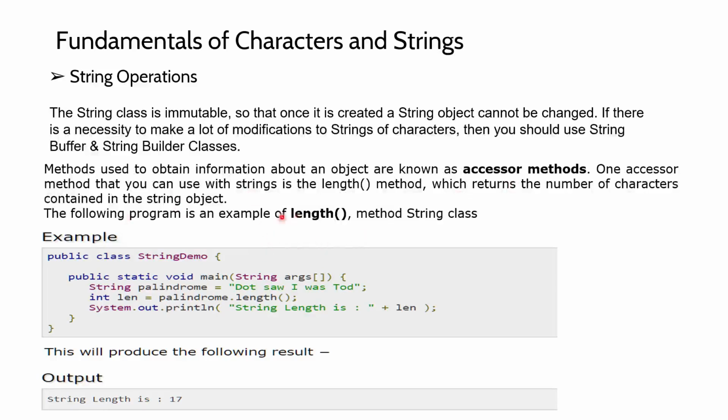One accessor method you can use with strings is called the length method, which returns the number of characters in the string. So we can take a look at an example down here. Again, we have our public class and our main method. We declare our string here, and then we are calling on this string, which is palindrome, we're calling length. And length will return the number of characters in the string. So the length method returns an integer.